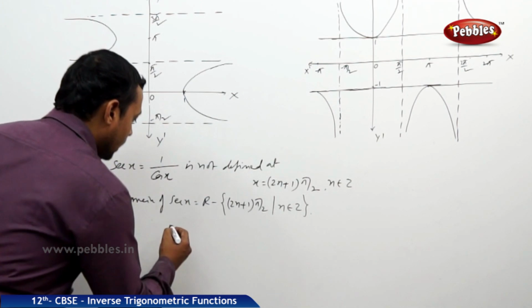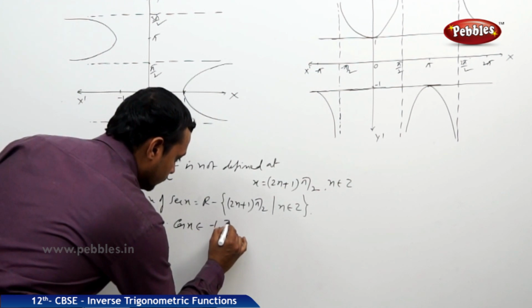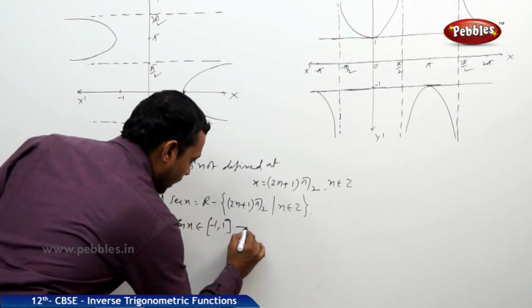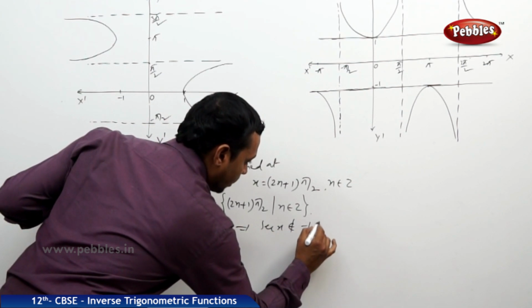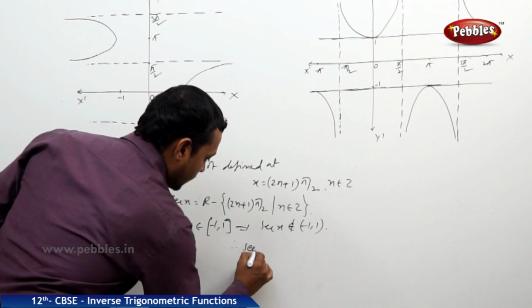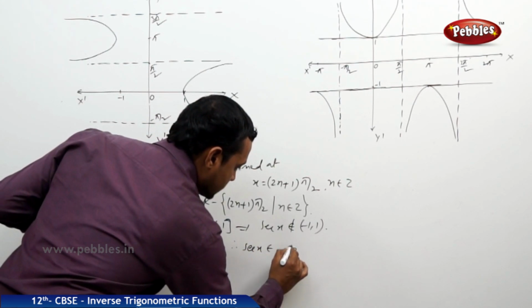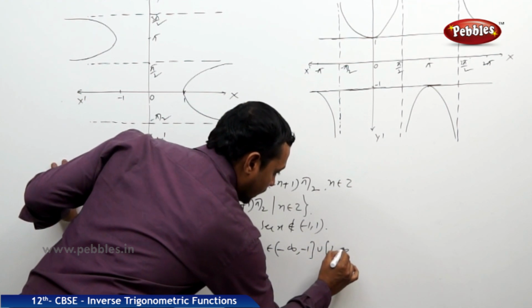Since cos x belongs to [minus 1, 1], secant x does not belong to (minus 1, 1). That means secant x belongs to (minus infinity, minus 1] union [1, infinity).